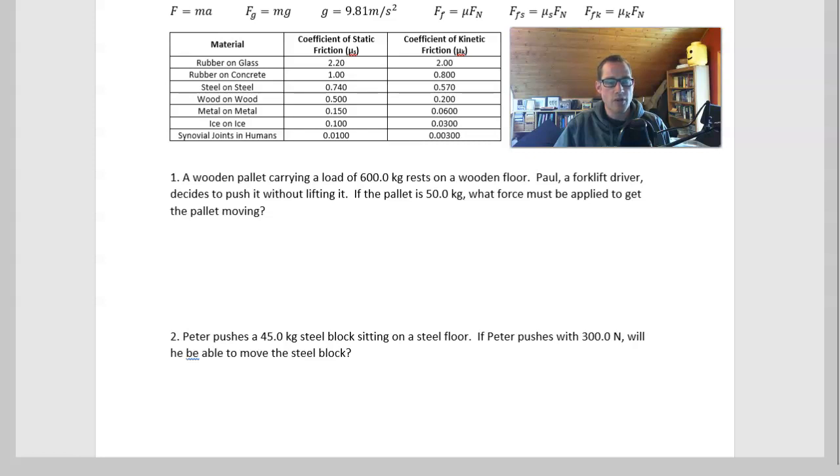But if we were talking about gravity, then that acceleration is the acceleration of gravity, which is 9.81. So F equals ma is essentially just a general version of Fg equals mg, which is more specific to the force of gravity.